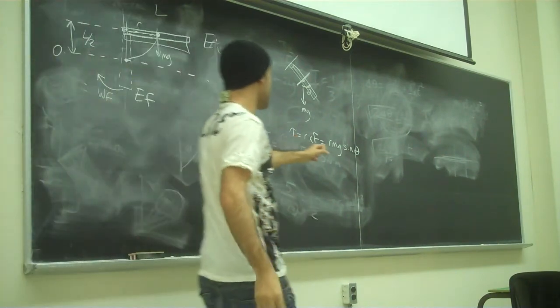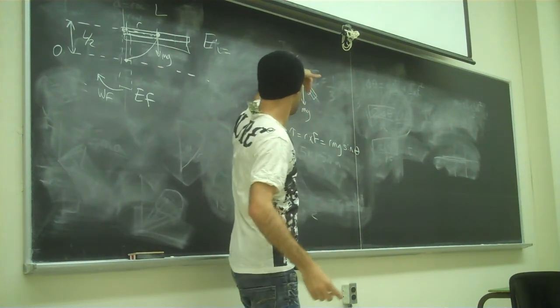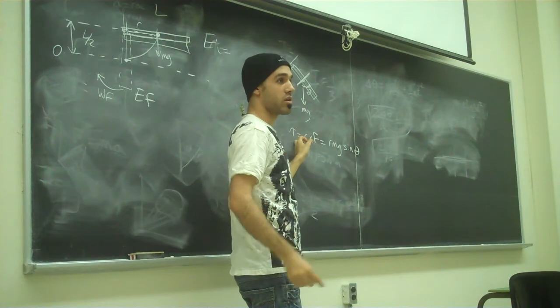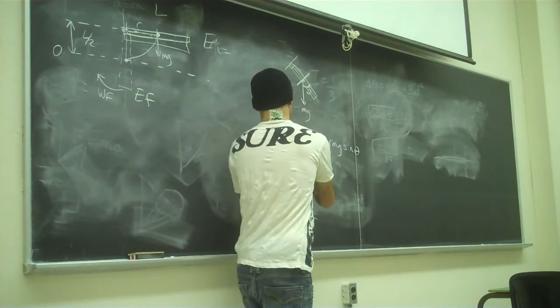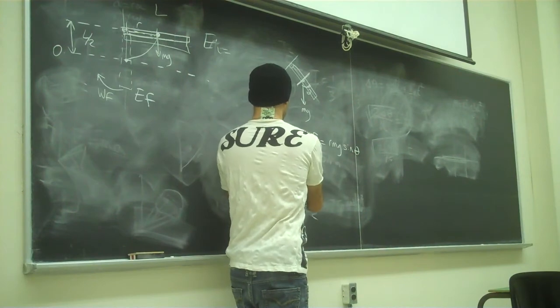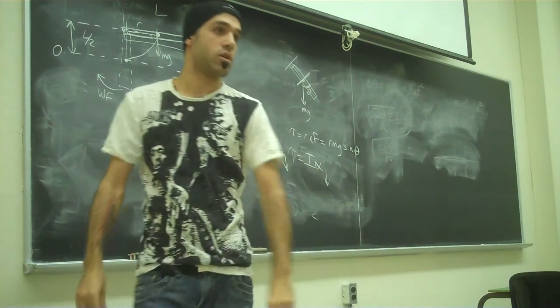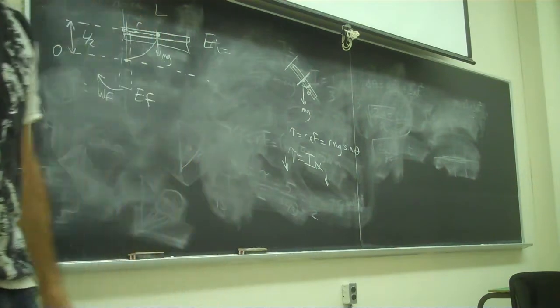So because the angle is constantly changing as the rod rotates, I have a constantly changing torque. And since the torque is equal to I alpha, as my torque decreases, my angular acceleration is also decreasing. So your angular acceleration is constantly changing.